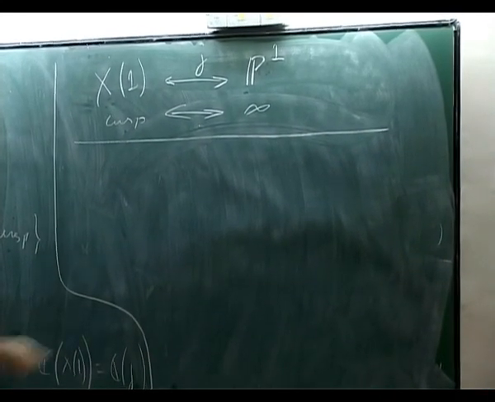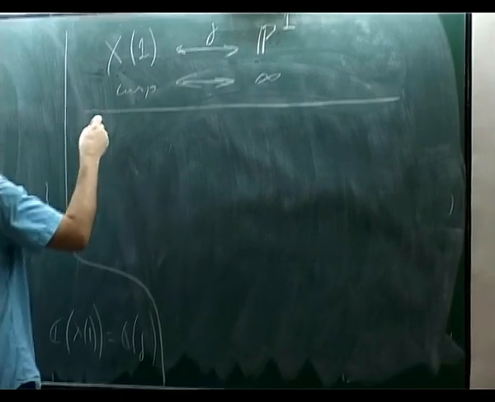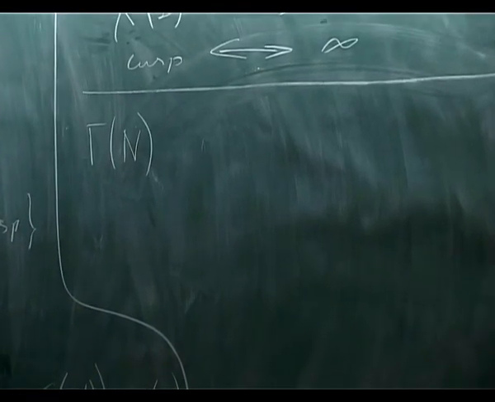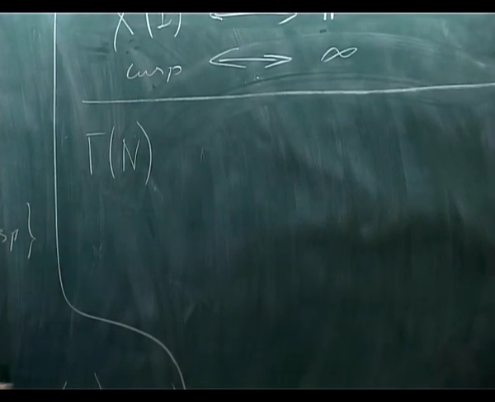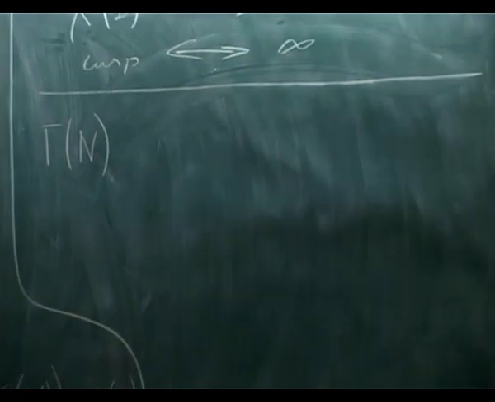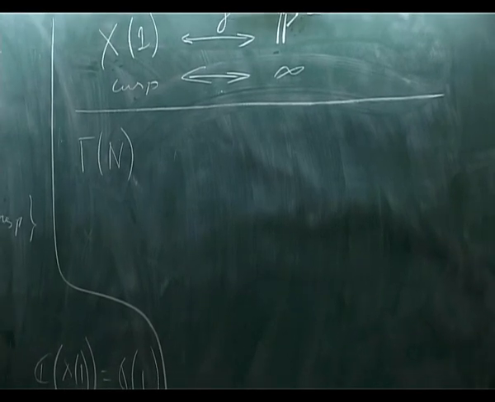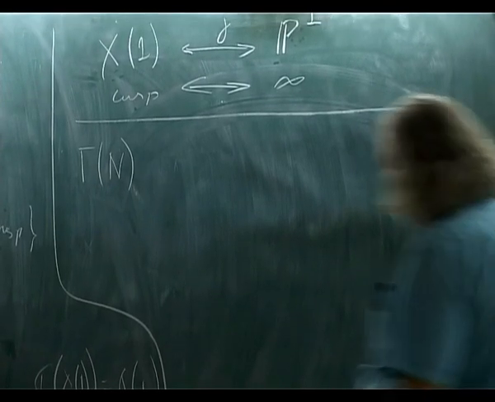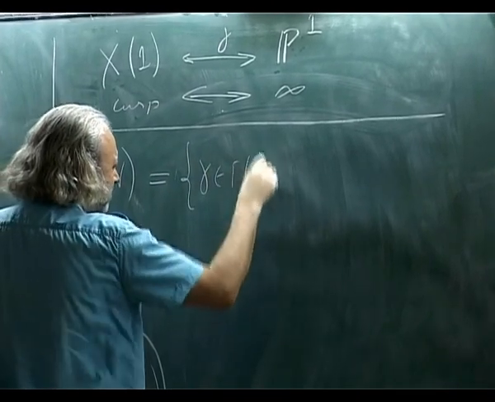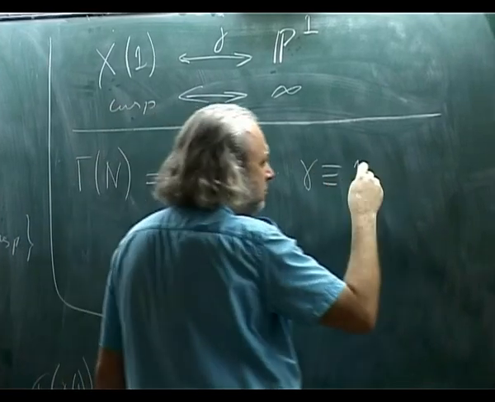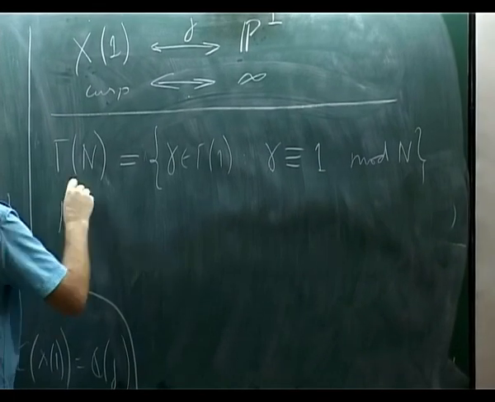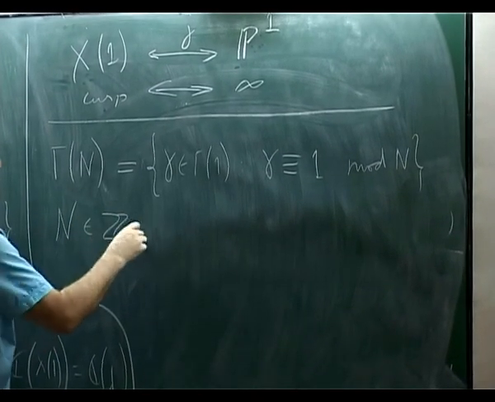So instead of Gamma(1), we consider Gamma(n). Gamma(n) consists of matrices which are congruent to the unit matrix mod n, where n is a positive integer.